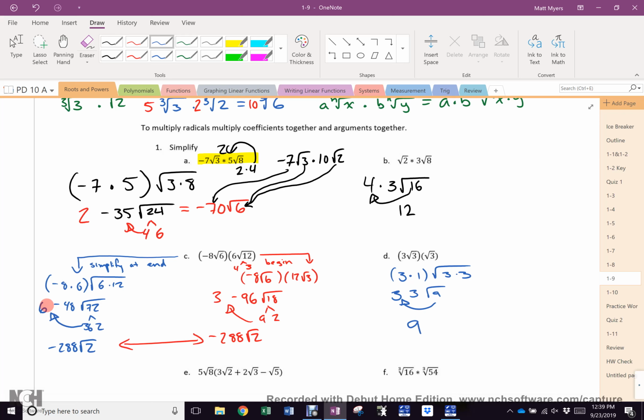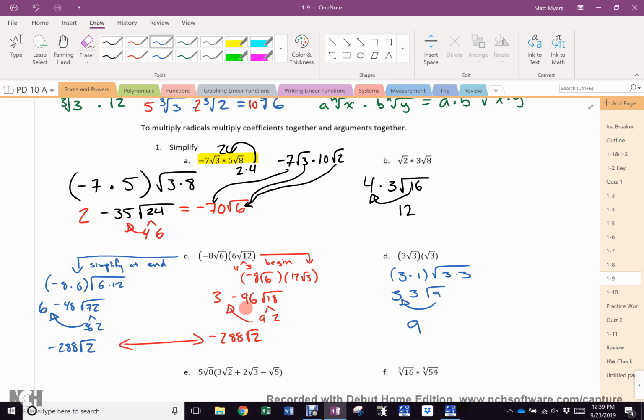Everyone is good to D? Abby. 6 times negative 48. Because I brought out the square root of 36. Or 3 times 96. They both equal 288.